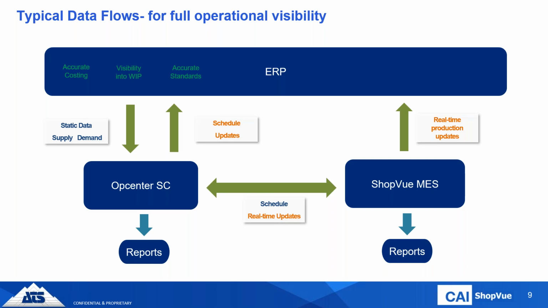Making sure that, again, your costing is accurate, but making sure that your resources on the shop floor really know what they should be doing as far as performance at every operation. All this drives to accurate and obviously improving OEE and actual material consumption, right? Not relying on backflushing finished goods, but actually consuming at the operations.